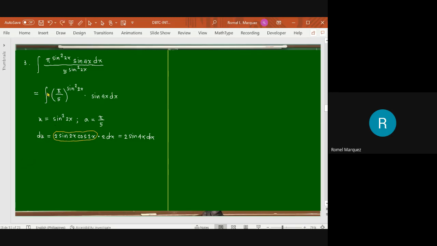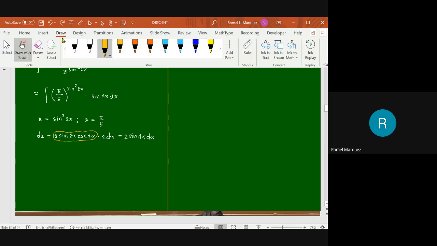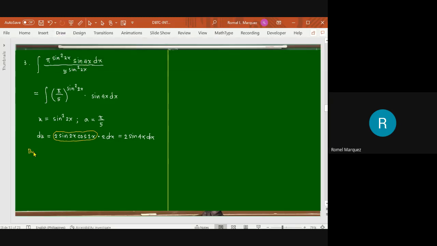So let's apply a correction factor. By correction factor, I am going to correct the differential by multiplying it by 2.